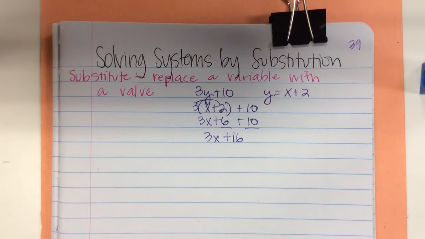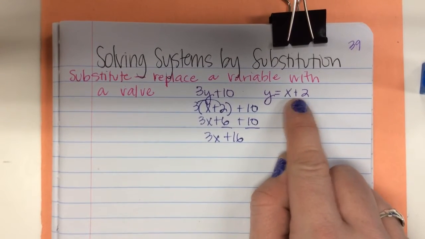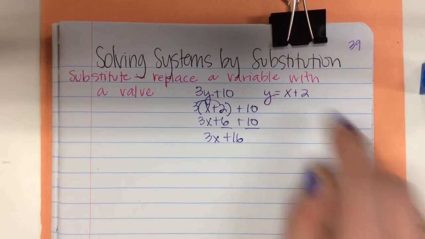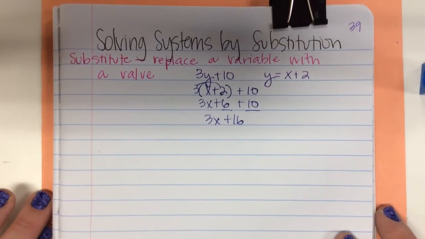So you have to get your head wrapped around the fact that today, instead of graphing, we're going to substitute. And you're not substituting one number, you're probably substituting a problem. And we're just going to practice.